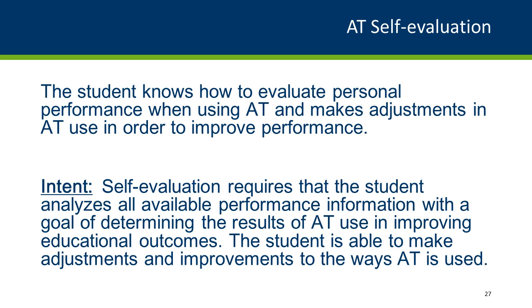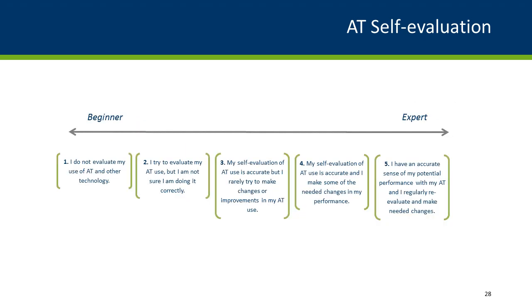But then they send a student out into their life, and unless that student contacts them back, they don't really follow up and say, is that AT working for you? So this indicator is really getting at that idea that the student will have to self-evaluate if it's working for them, and they'll probably want to do it before they fail a test or are having problems in a class. So, a better way to check in with that self-monitoring.